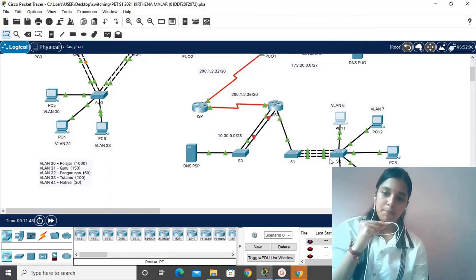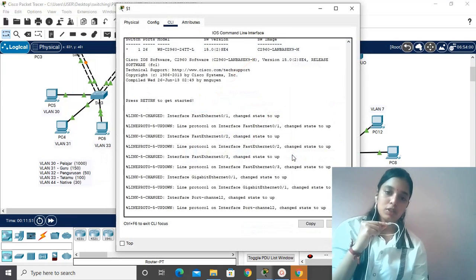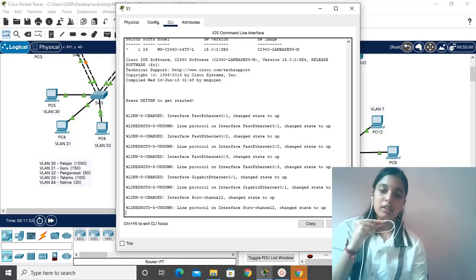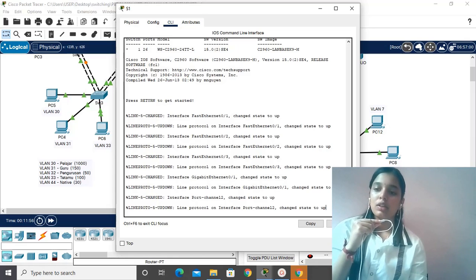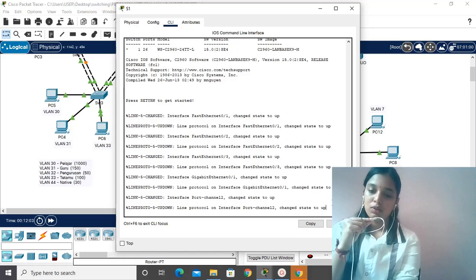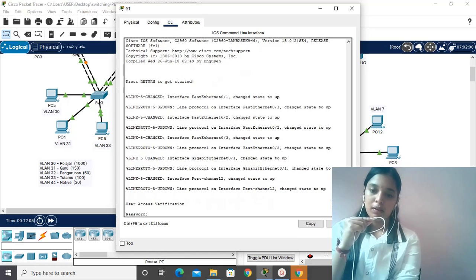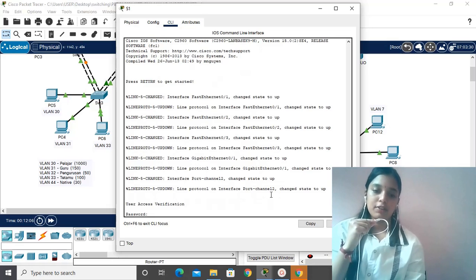Okay, the next step I would like to show is the switch. Go to switch S1, and I would like to write in the CLI the steps. Press enter, and the password prompt will come out.